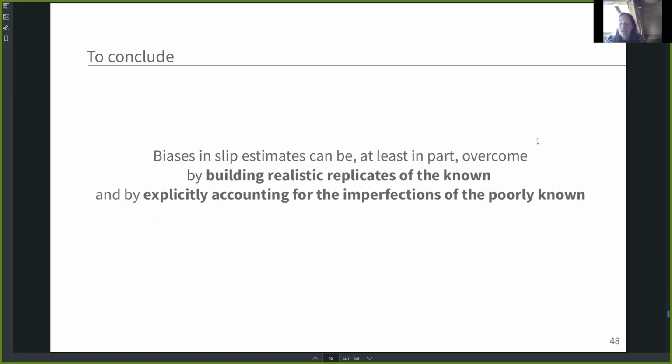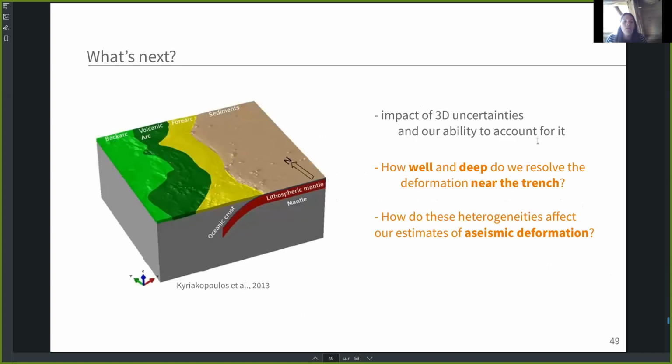To finish, I just want to illustrate some perspectives and just to explain what I'm working on right now. So I think it's important to investigate the impact of these 3D uncertainties and our ability to account for it for real cases and for real structures, so far more complex. That's what I'm doing right now.